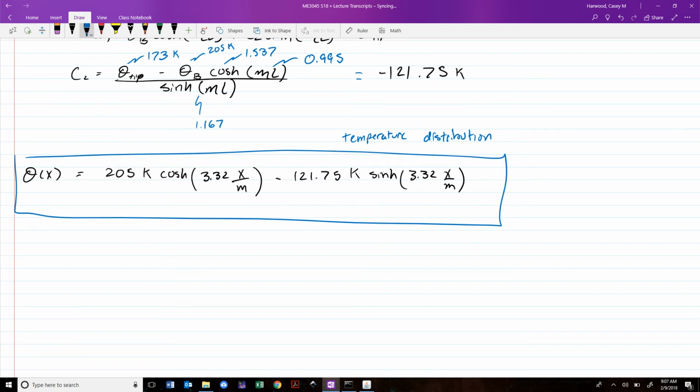Or our temperature excess distribution, right? This is the difference between the ambient temperature in the air and the temperature in the rod.